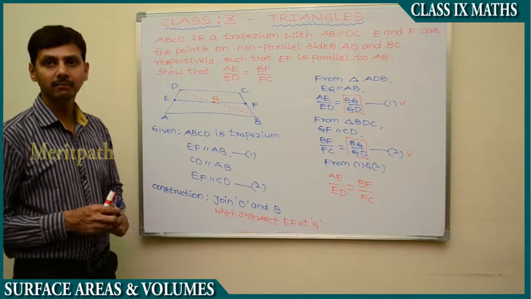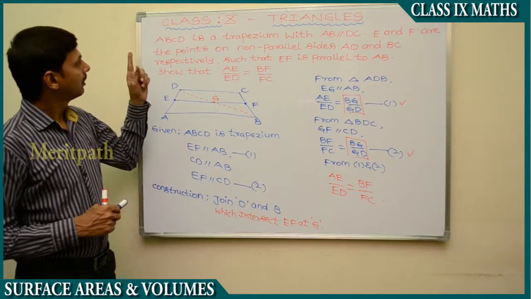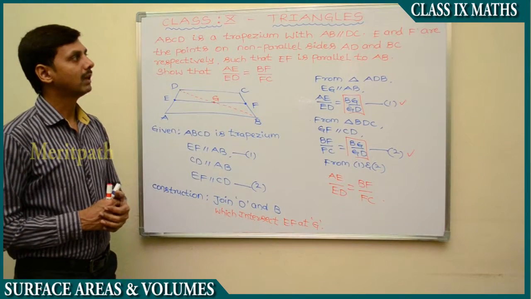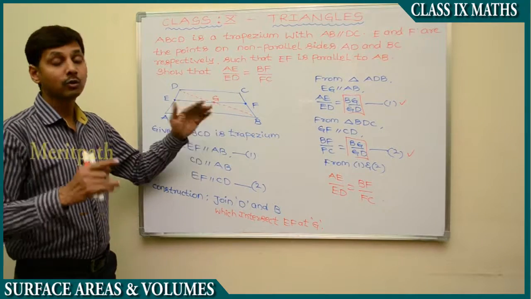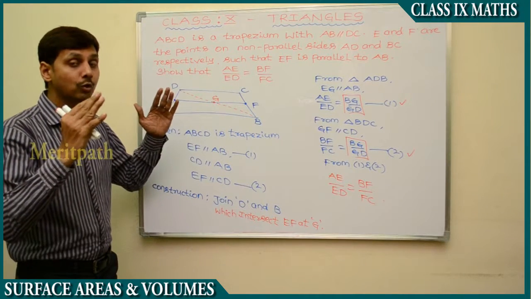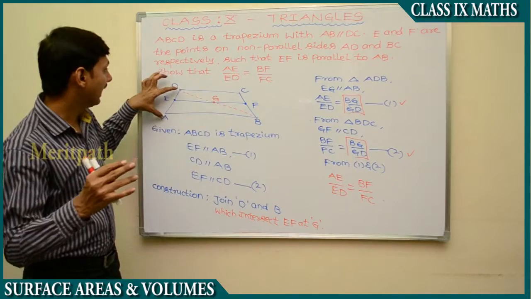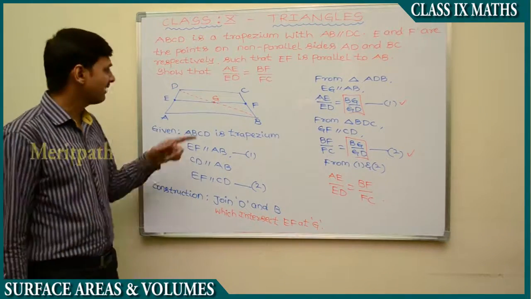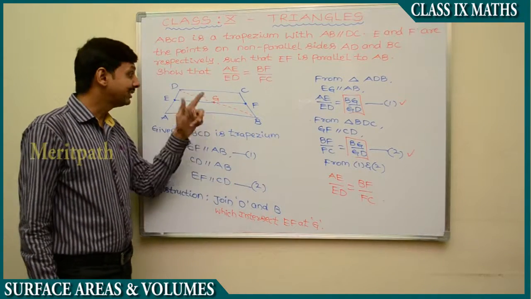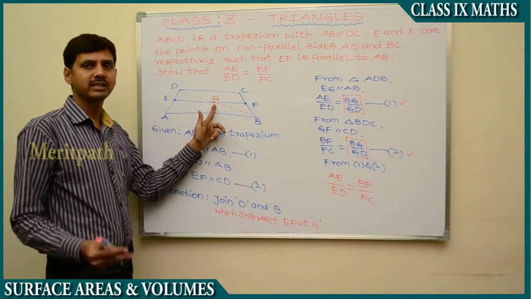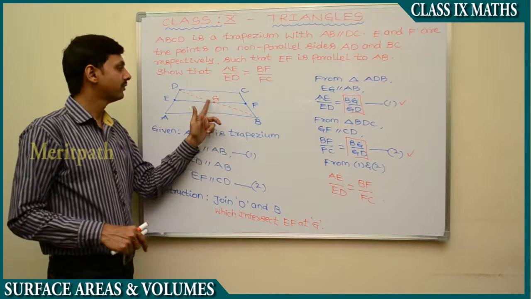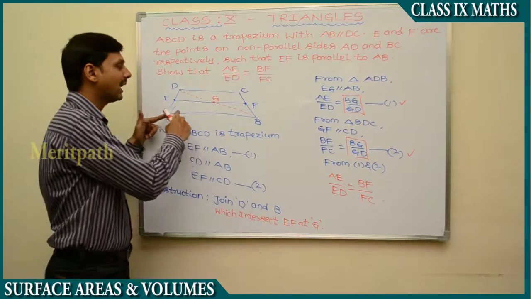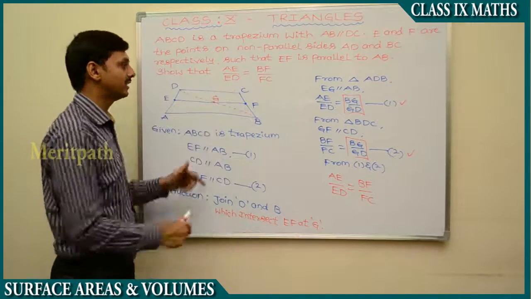So let's recall again. We had the trapezium ABCD with AB parallel to CD, and E and F are points on the non-parallel sides AD and BC respectively. After that, we joined BD, which intersects EF at G. We can take any name; we have taken G. After that, we took two triangles, ABD and BDC, separately.